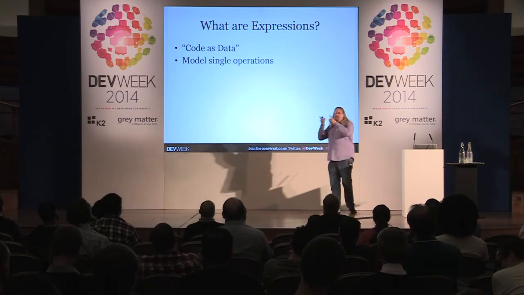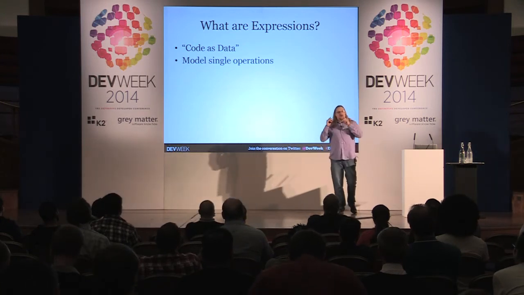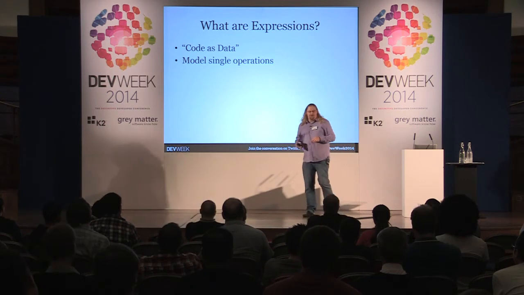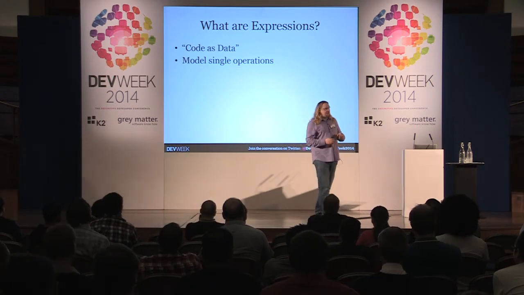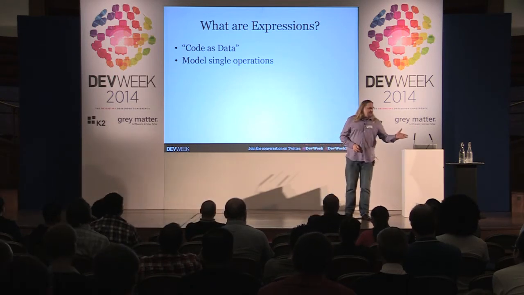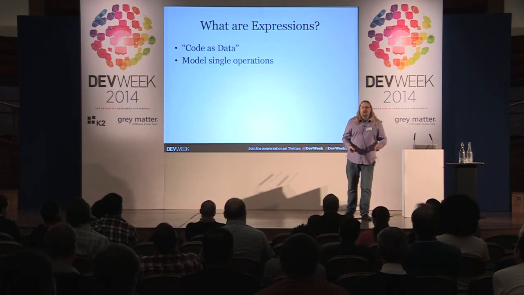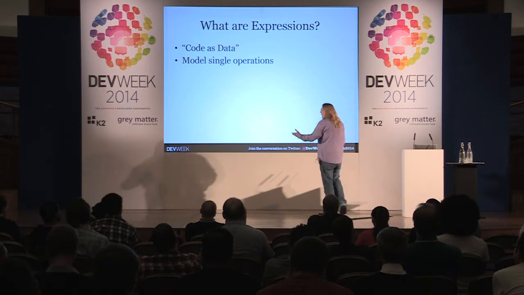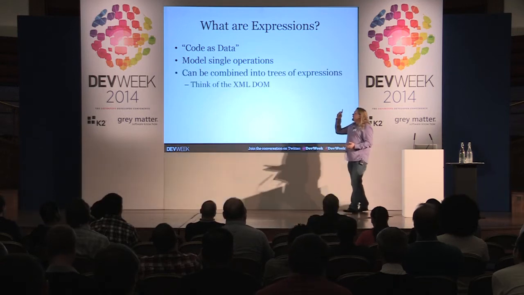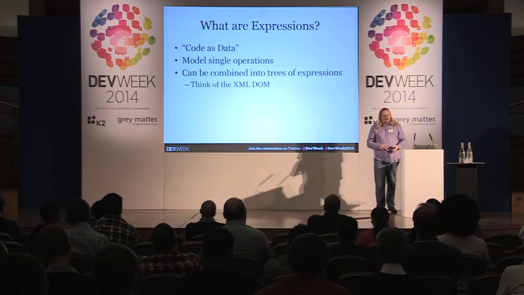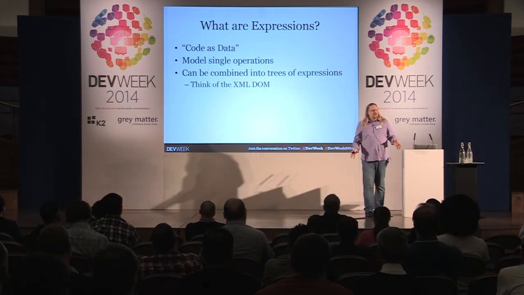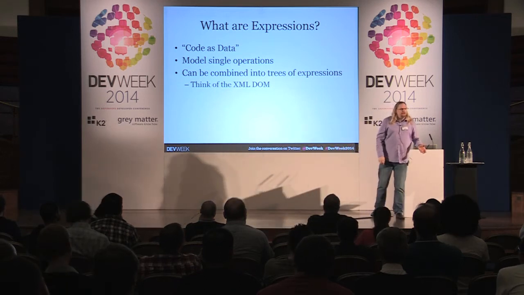But expressions, certainly in .NET terms, an expression is a single operation. Okay, so it's an evaluation. Is something greater than or equal to? We'll come into them, and they can be combined together to form trees of operations. So think of things like the XML DOM.